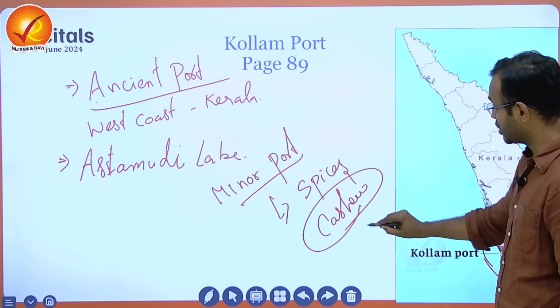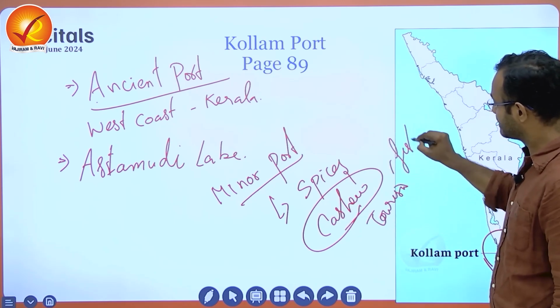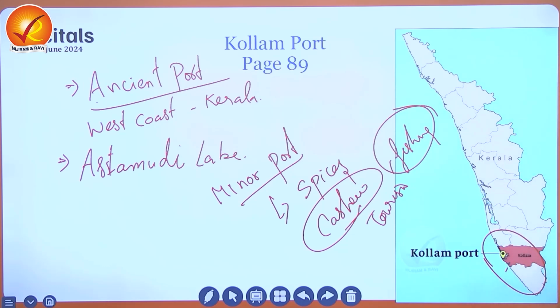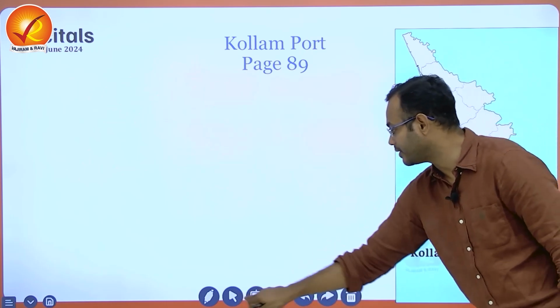Very importantly, cashew, tourism and fishing. Ancient port near the Ashtamudi Lake. Cashew processing and fishing is the major economic activity, right?